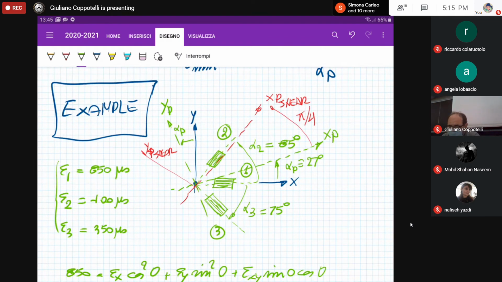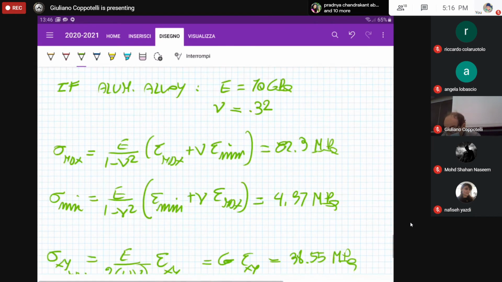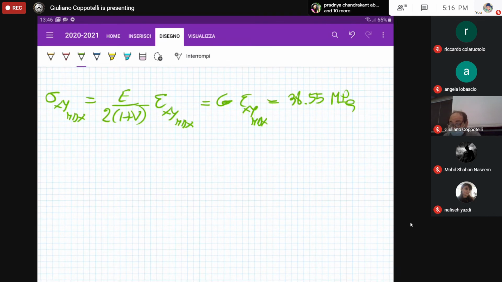Just to give you a feeling of what's happening. Generally speaking, 1-2 degrees of uncertainty when placing the strain gauges by hand is something very accurate as well. But let's see what happens if there is, let's say, 3 degrees of uncertainty.